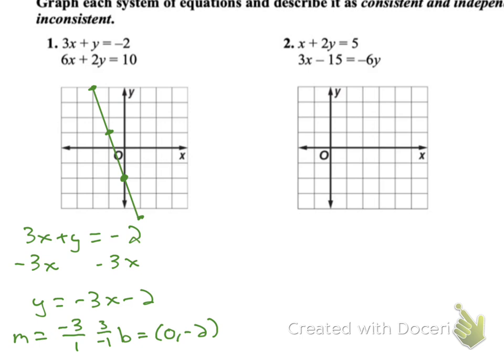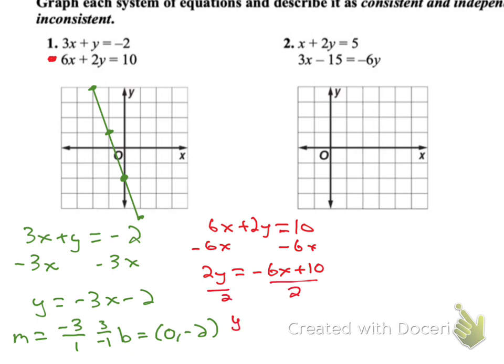My second line, 6x plus 2y equals 10. Again, I need to isolate the y, so I subtract 6x, which gives 2y equals -6x plus 10. Divide by 2, and y equals -3x plus 5. What do you notice about these two lines?